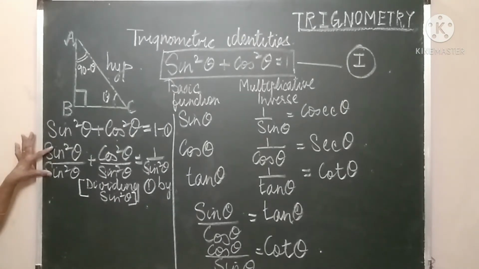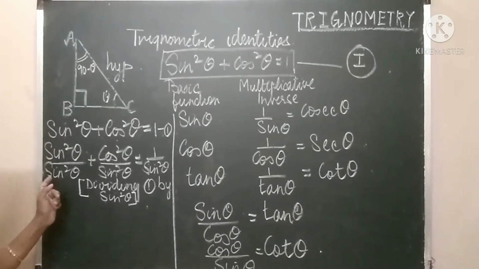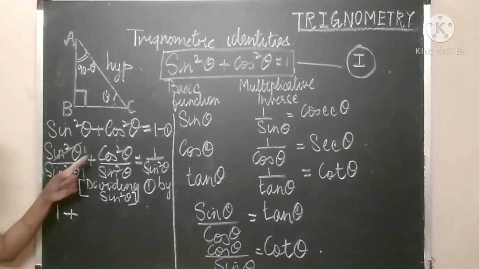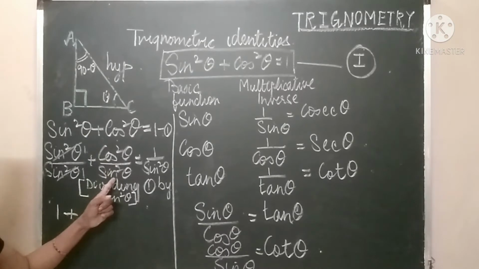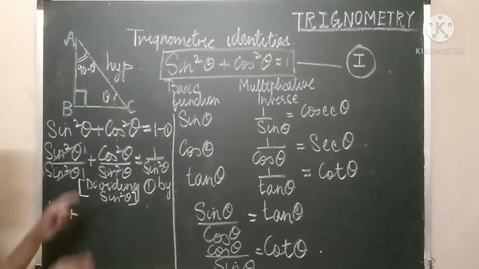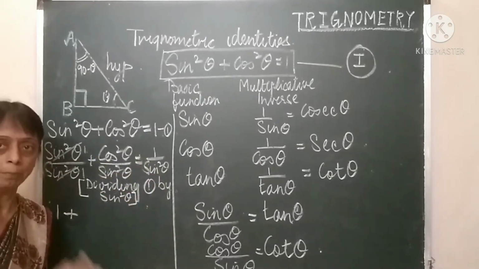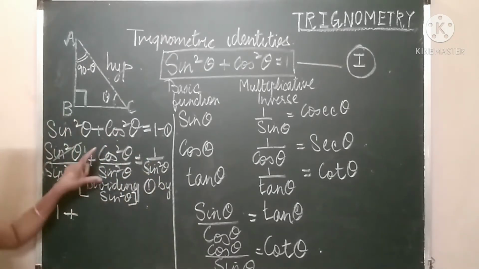What do we get here, children? Sine square theta and sine square theta get reduced, so we are left with 1 upon 1, that is 1, plus. Now cos square theta upon sine square theta: a square upon b square can be written as a upon b the whole square. Let's apply the same logic here.